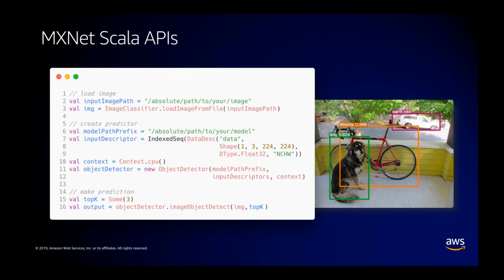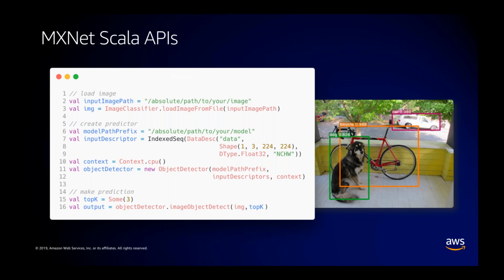So on line 11, we create a new instance of an object detector and we provide a path to our model with things like the input descriptor, which we got from the save model output, which shows the data format that we need for an image. So in this case, we're passing an image of 224 by 224 height and width, and it's a color image.